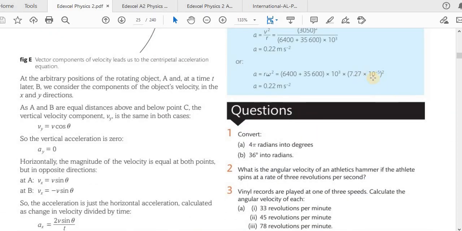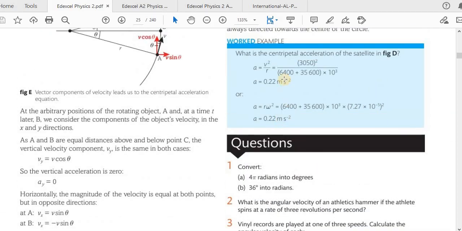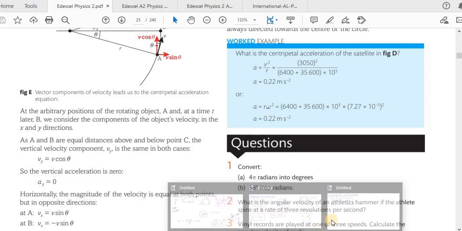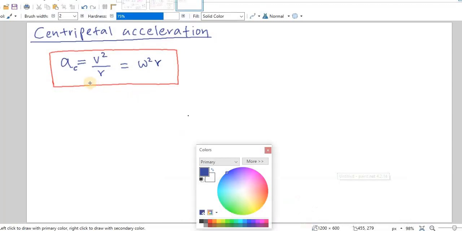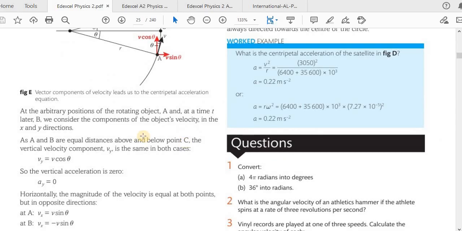So you see, you get the same answer. So these are the two equations you should know for centripetal acceleration. Here is this and this, both are centripetal accelerations, not the normal acceleration. That's why I use a subscript c here, so that you won't have any confusion.